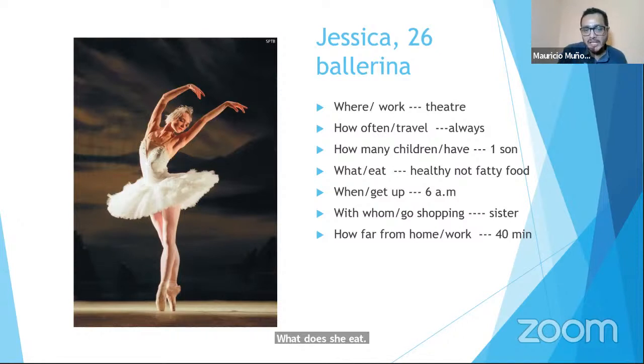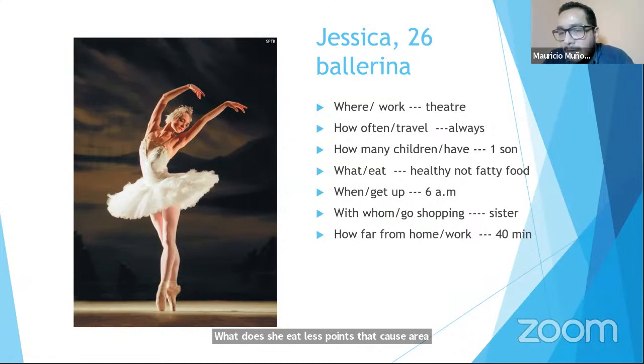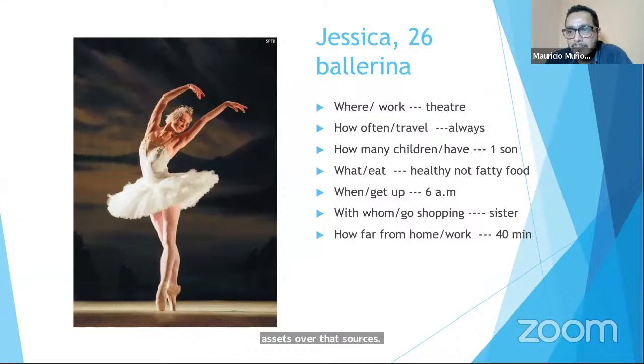What does she eat? La respuesta, ¿cómo sería? Ella come comida saludable, nada de comidas grasas o grasosas. Okay, she eats healthy, not fatty food.